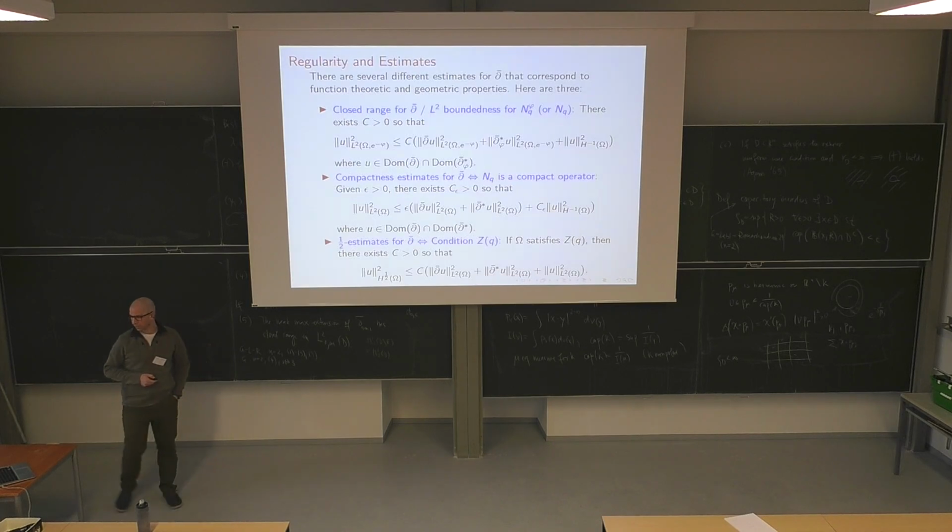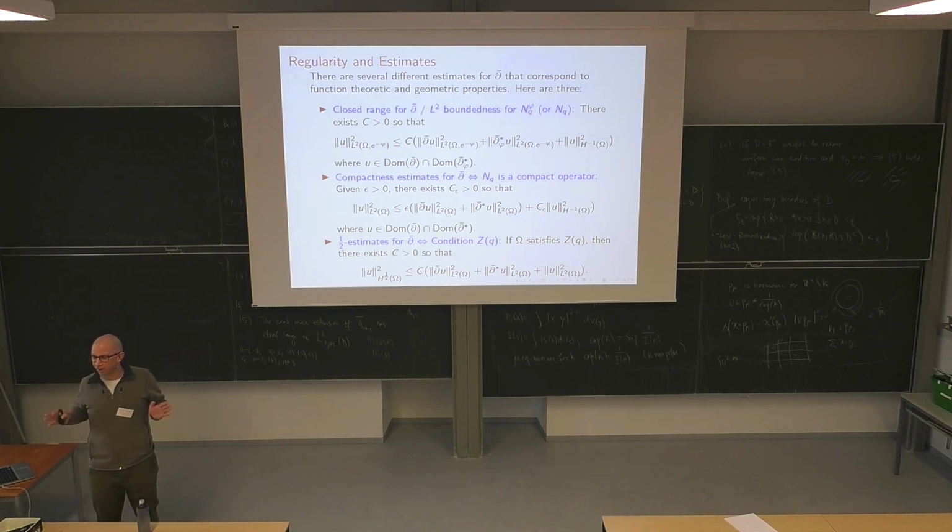Now, I just want to remind you of some very well-known regularity. This is not meant to be exhaustive. These are just conditions that we study when we study the L2 theory of the D-bar problem. Closed range, I've already talked about.